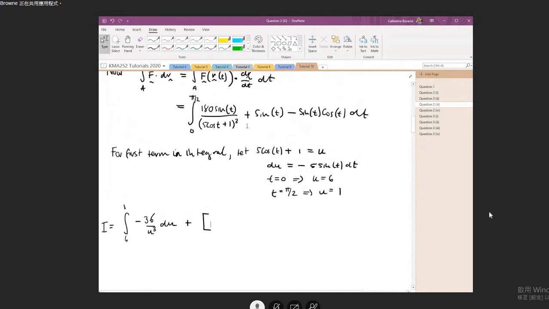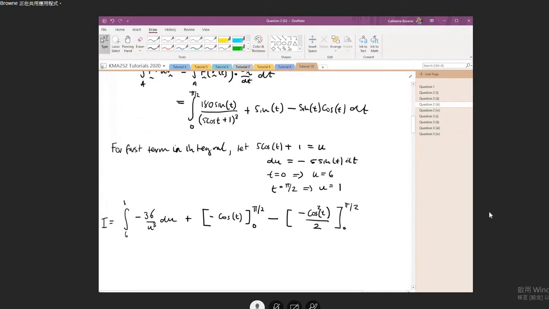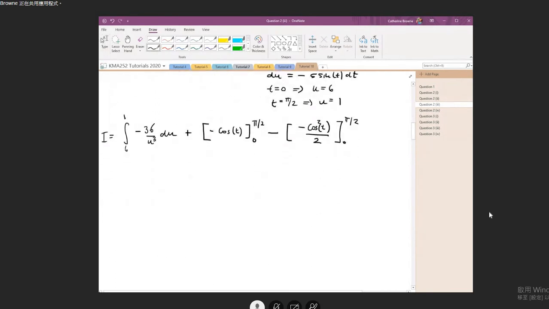Plus, so these other ones I just integrated with respect to t because that was easy to do. So I get minus cos t from 0 to pi on 2 for the sine t part, and then I get minus cos squared t on 2 from 0 to pi on 2. And now this one's much easier to integrate.